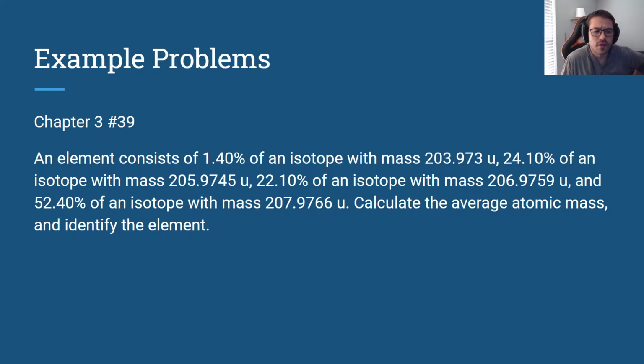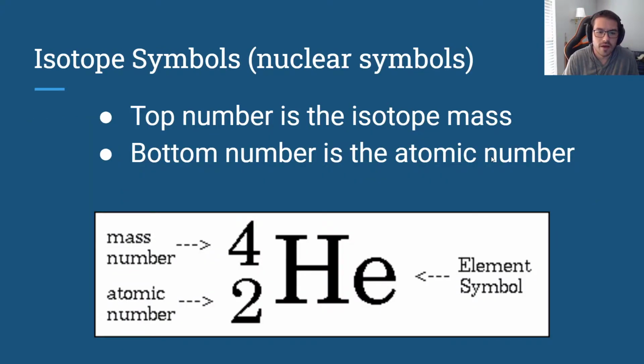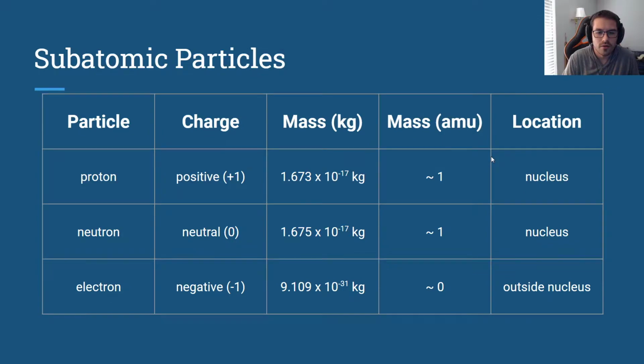So it tells us that we have an element that consists of 1.4% of an isotope with mass 203.973 U. This unit, by the way, is the atomic mass unit. I referenced that way back here when I was talking about subatomic particles.